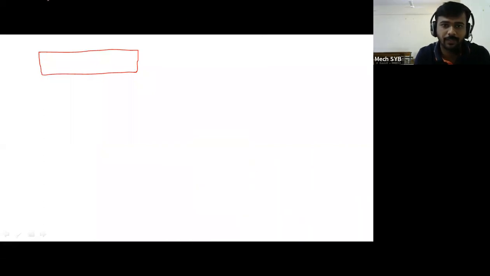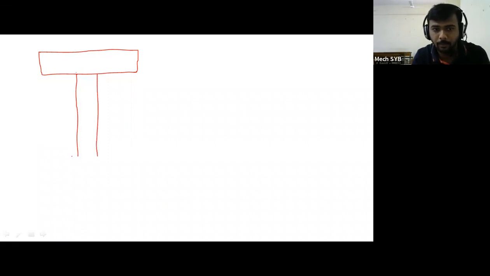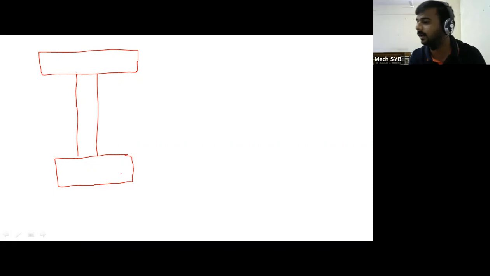Then one vertical web will be there. So this is the vertical web. And then there is a bottom flange. Okay, so this is the unsymmetrical I section.